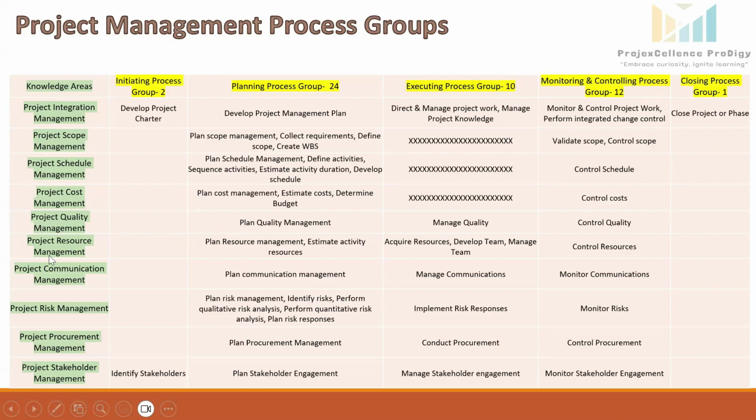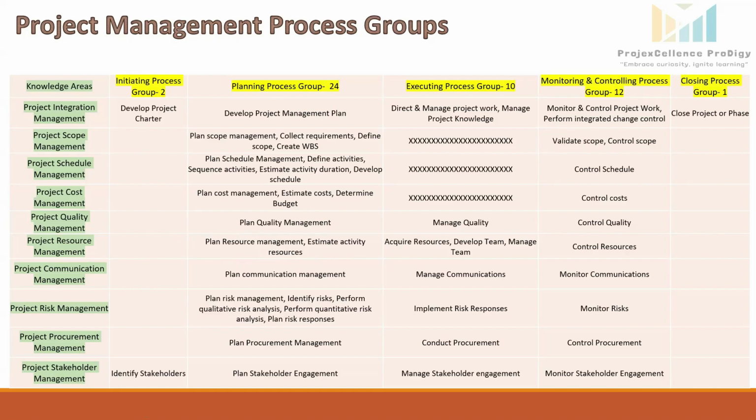Next is the project resource management knowledge area. Under this, in the planning group, there are 2 activities, plan resource management and estimate activity resources. Resource management plan will be developed considering how to acquire, allocate, manage, and release the resources after work completion.